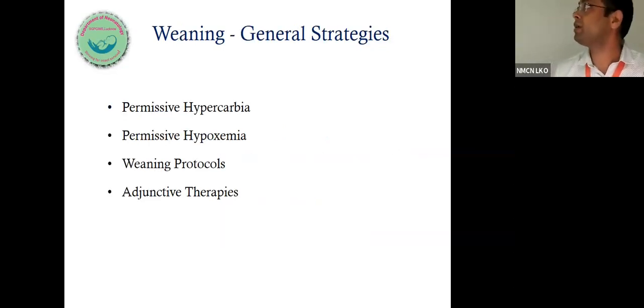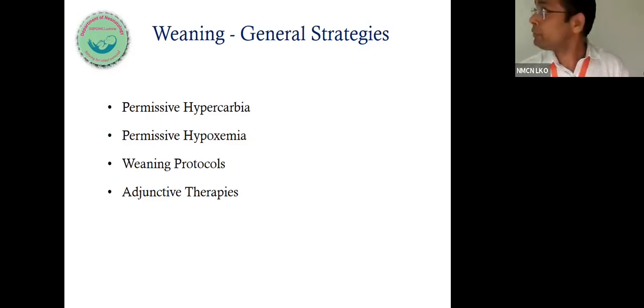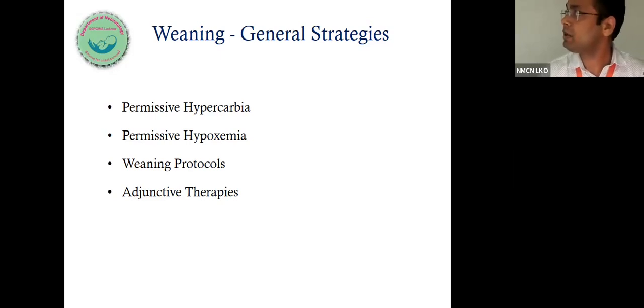Various strategies have been employed for weaning, which include permissive hypercapnia, in which the PCO2 levels are kept between 45 to 65 millimeters of mercury. It helps in reducing ventilator-associated lung injury by providing lower tidal volumes and lower PIP, and this helps in better cardiovascular stability, better ventilation perfusion matching, the mismatch is minimized, and also there is smoother ventilation.